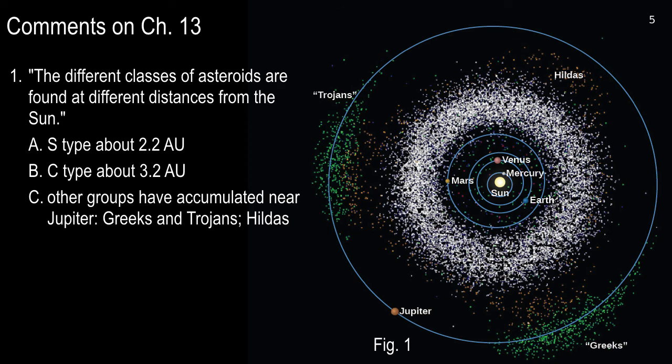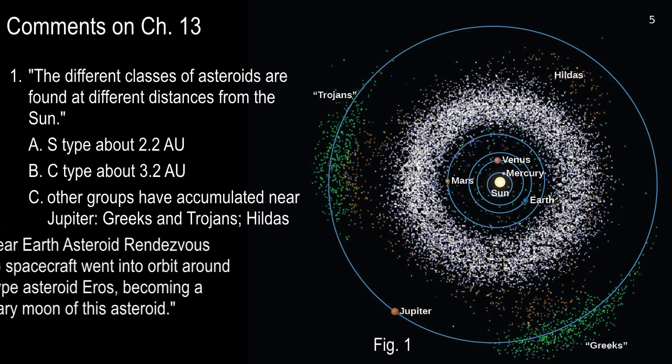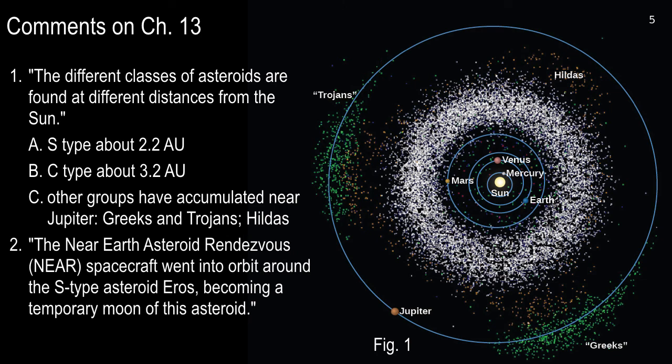All right. Now, here's a blurb that I want to talk about at length, and that's the Near-Earth Asteroid Rendezvous mission, the NEAR spacecraft, which orbits a stony S-type asteroid called Eros. And as you know from the textbook, it became a temporary moon of this asteroid.